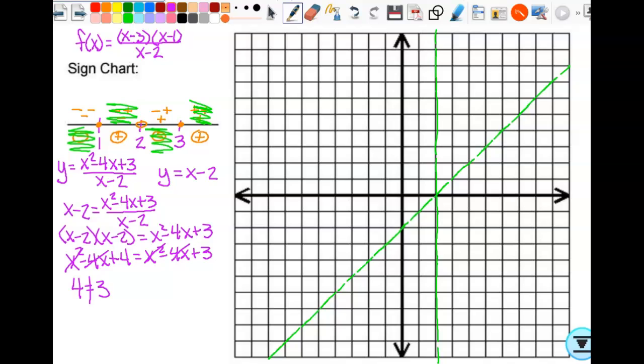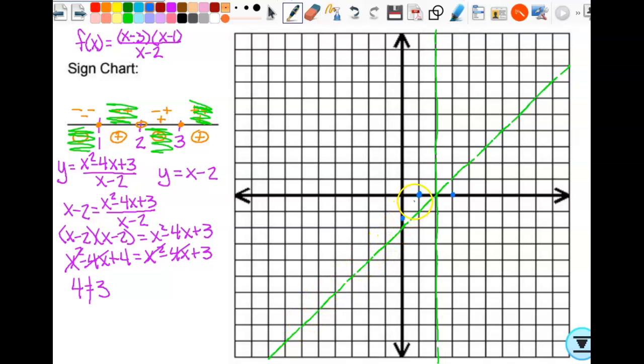Okay, so now I'm going to go in here and plot what I do have. I have a root at 1, and I have one at 3. And I have a y-intercept at 0, negative 3/2. Okay, so I have these 2 points over here, and so this has to hug this slant asymptote.